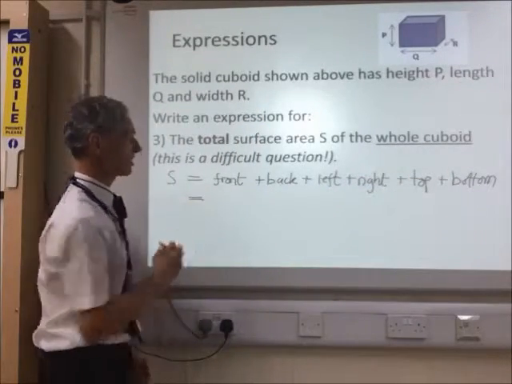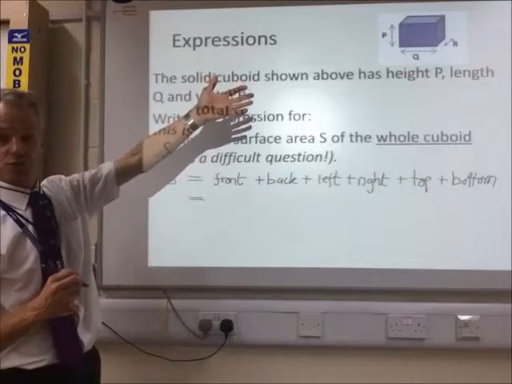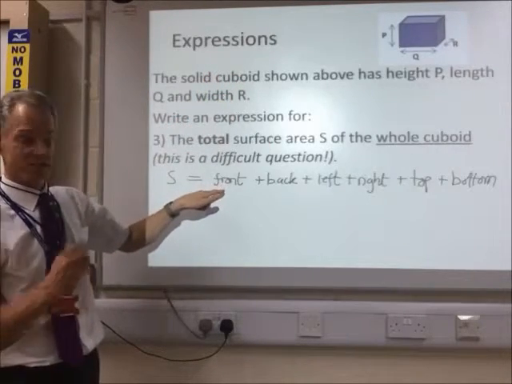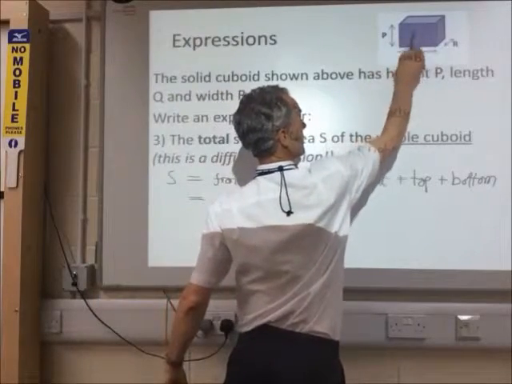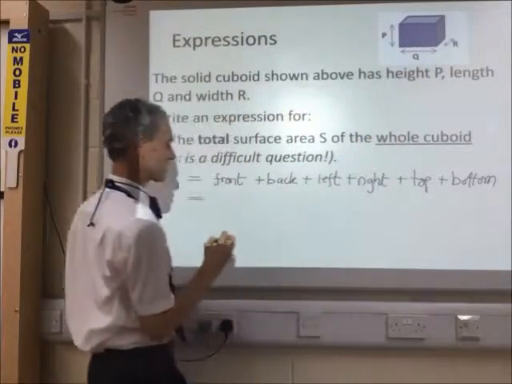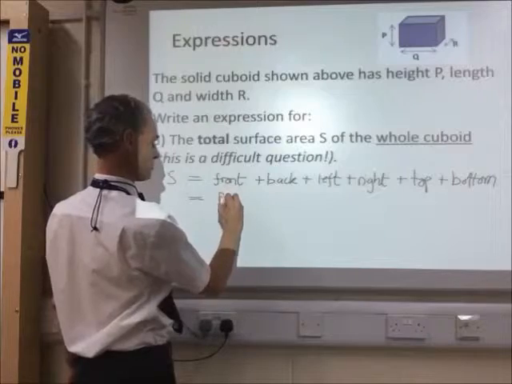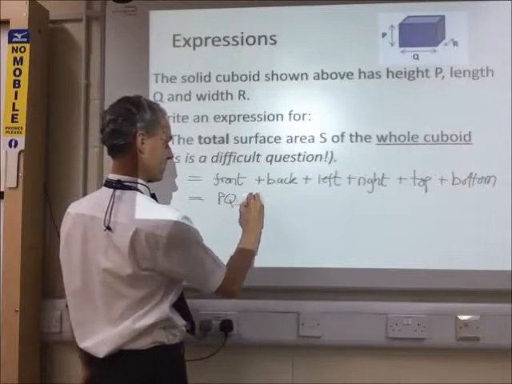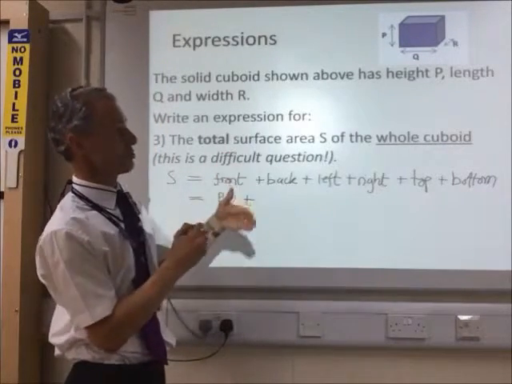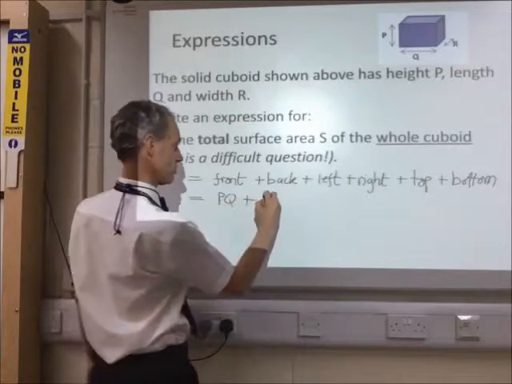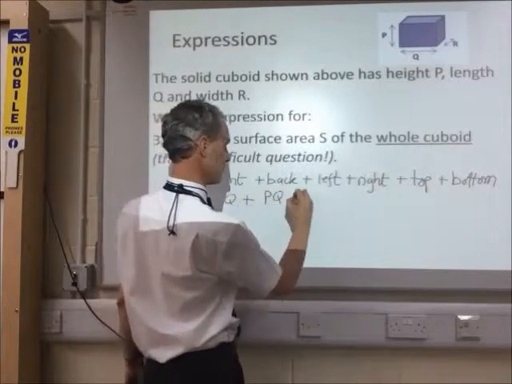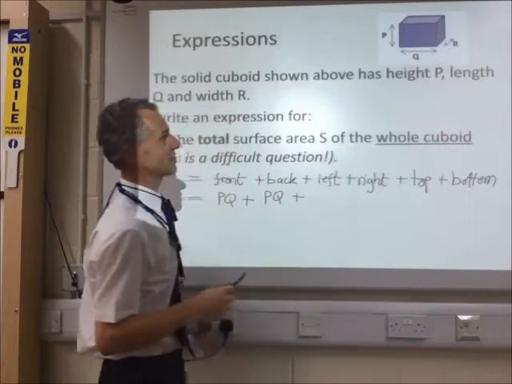So for each of those now, looking at the measurements that we're given, let's work out the area of each one. So the front face there, we've just done that before. We did it in the last part of the question. That's p times q. So that one was pq. If the front is pq and it's a cuboid, the back face must be the same. Front and back are identical. So that's another pq. Then we'll look at the left-hand face.